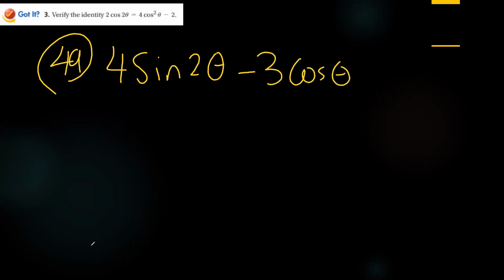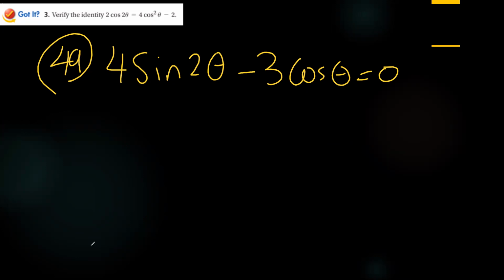In your book, here we have 4 sine 2 theta minus 3 cosine of theta equals 0. Use identities to write each equation in terms of the single angle, then solve the equation for theta greater than or equal to 0 and less than 2 pi. Here we want to solve it. What's the meaning of solve it? That means we need to find the values of theta.